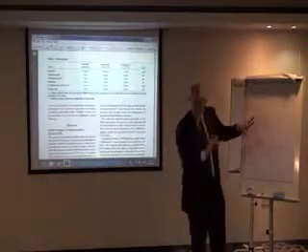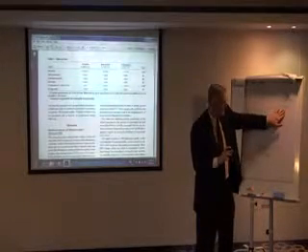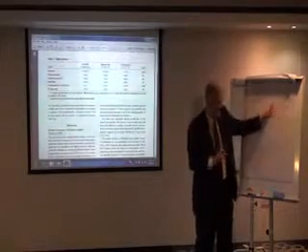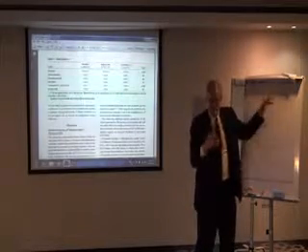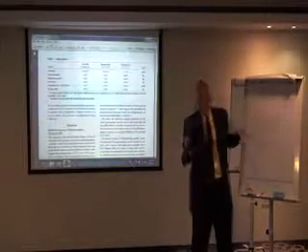And what that means is if I follow 100 people for a year, 22 of them will get the disease, will get the outcome.